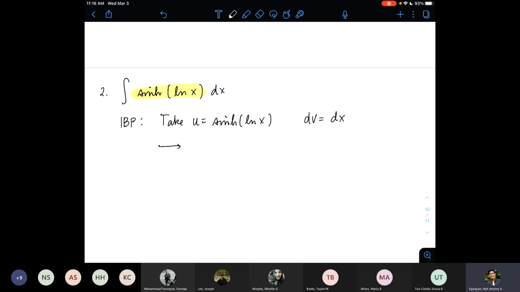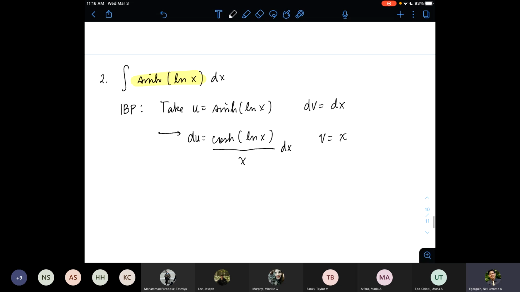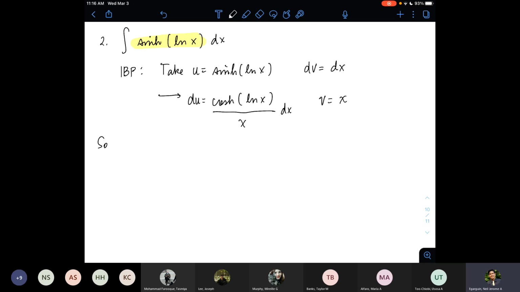And remember, the next step is to compute du, which is hyperbolic cosine of ln x all over x dx. Remember here, you need to apply the chain rule, right? And then v will just be x. So applying integration by parts, we get the integral of hyperbolic sine of ln x dx is equal to uv, so x hyperbolic sine of ln x, minus the integral of v du.